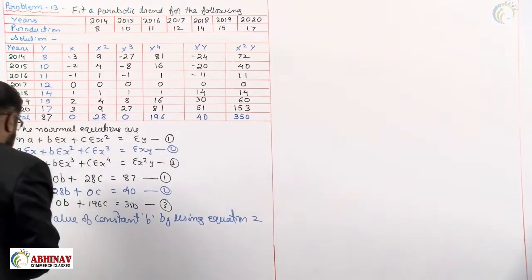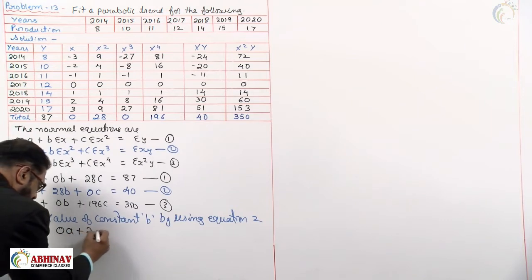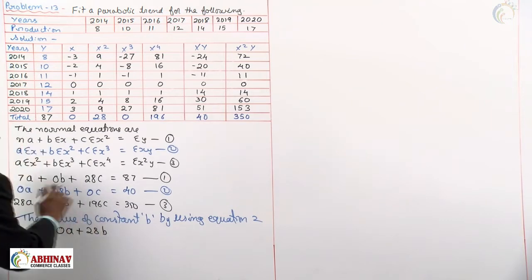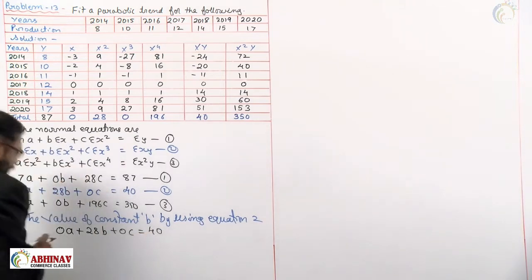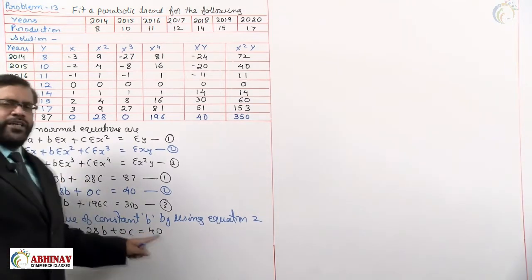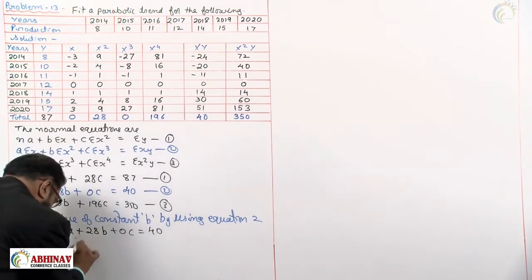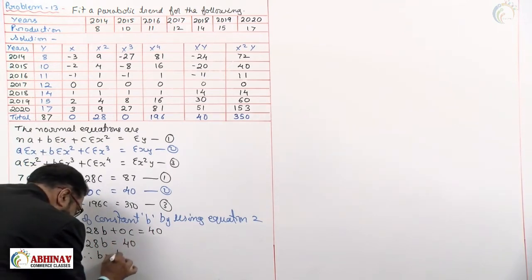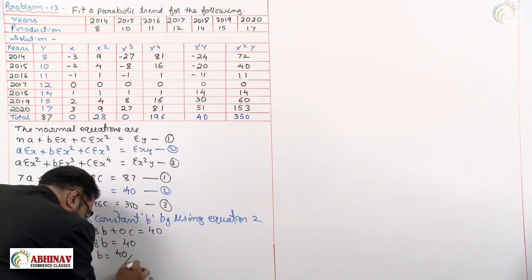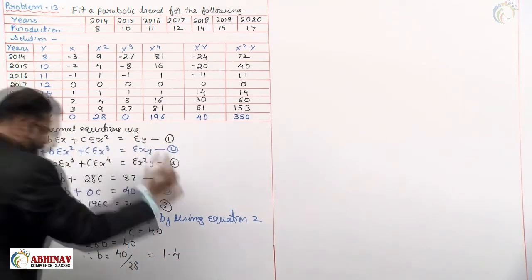Let us see what equation 2 is: 0a plus 28b plus 0c is equal to 40. 0 into a or 0 into c is going to be 0. So I reduce the equation to 28b is equal to 40. So now b is equal to 40 divided by 28, which is nothing but 1.425 something we get.